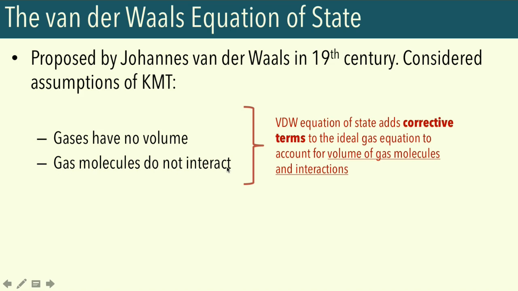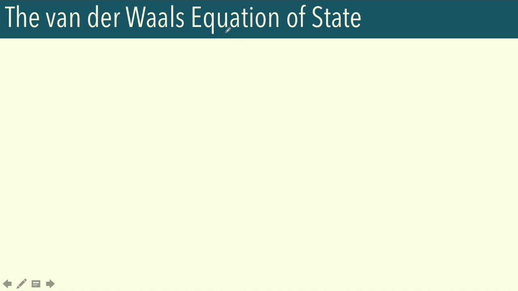So what van der Waals did was add corrective terms to take into account these factors that would influence the behavior of our gas. He added corrective terms to the ideal gas equation of state. So let's write down the ideal gas equation: P ideal, the pressure predicted by the ideal gas equation, times the volume of an ideal gas is equal to nRT.